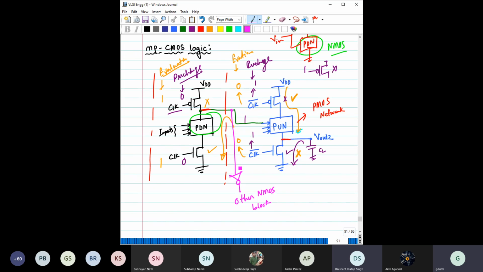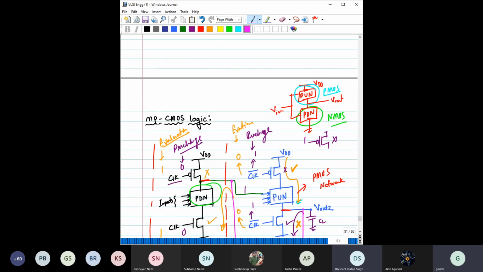So after this, if you want to drive another NMOS block, means pull down network, you know the solution: use an inverter between them, like domino. Similarly here, if you want to drive another PMOS block from here, then use an inverter here, like domino.